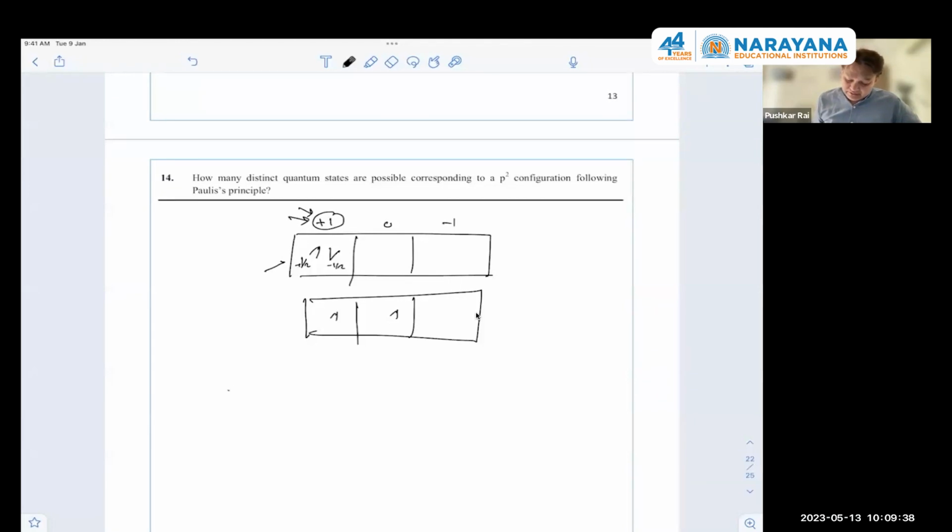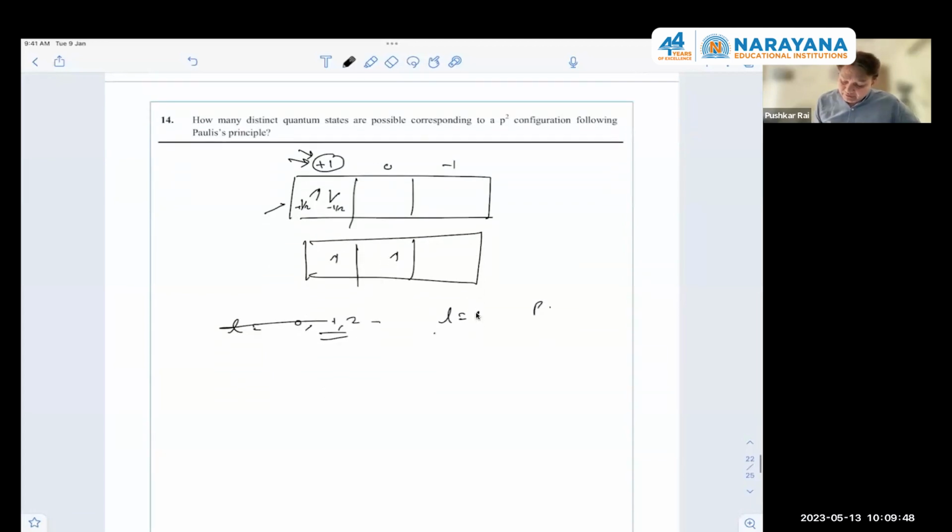This is spin state and this is orbital. So there is L equals 0, 1, and 2. Do you agree that this corresponds to L equals 1, p orbital? If L equals 1, the orbital angular momentum is 1.